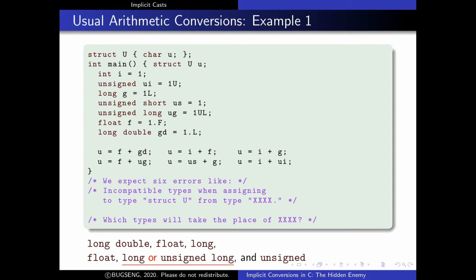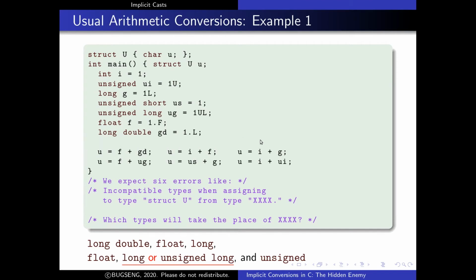Okay. Then second example, we have seen that when we have a floating point type and an integer type that are combined together with a binary operation, then it is the integer that is converted to the floating point. So I will be converted to float, and the addition will take place in the type float. So float plus float will be a float.